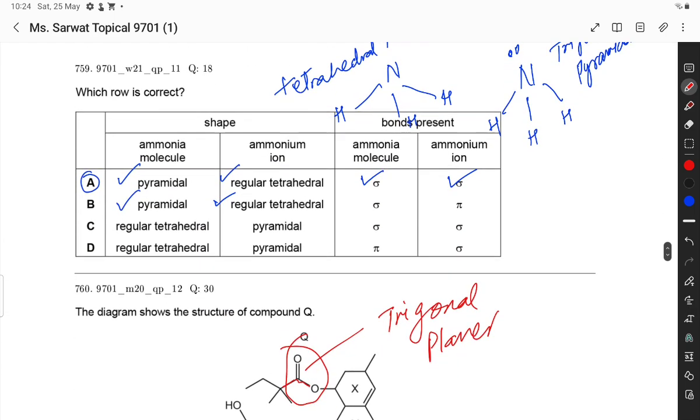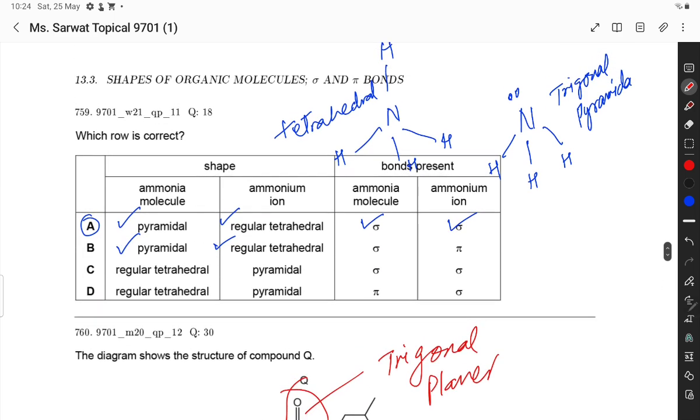So next question is which row is correct? Ammonia molecule is pyramidal. Yes, in the ammonia molecule there is a lone pair and it forms a pyramid. The nitrogen is surrounded by 3 hydrogen atoms, so the shape is trigonal pyramidal. So these 2 options can be correct.